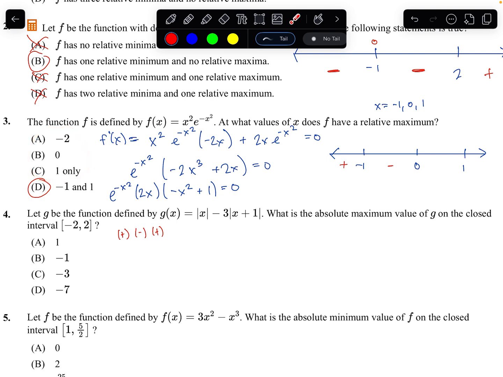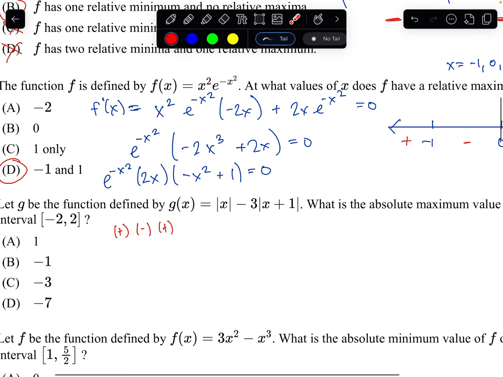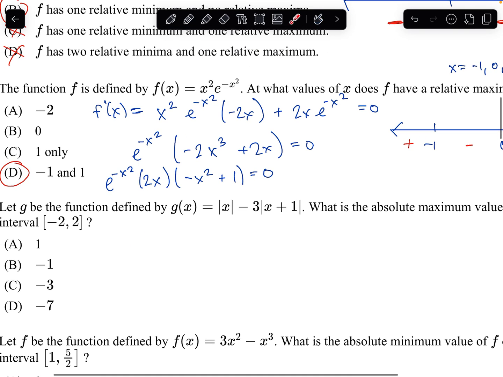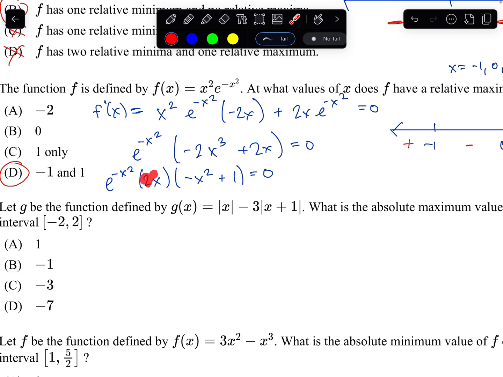And so let's just check here. It looks like the other one's going to be at 1. Let's check by plugging in 1/2. If I plug in 1/2, this is always going to be positive. If I plug in positive 1/2, that's going to be positive. And if I plug in 1/2 here, this is still going to be positive.